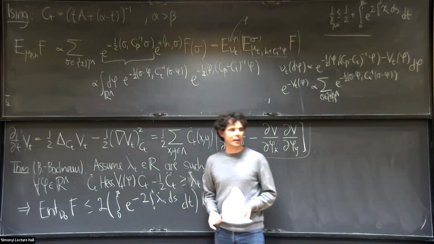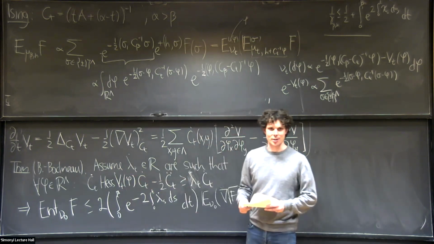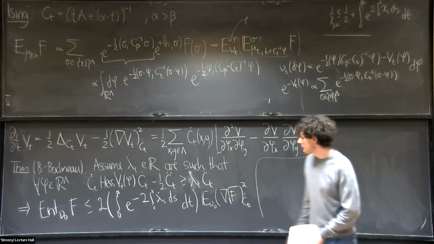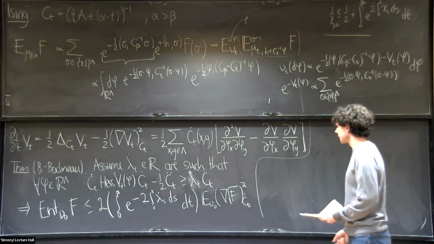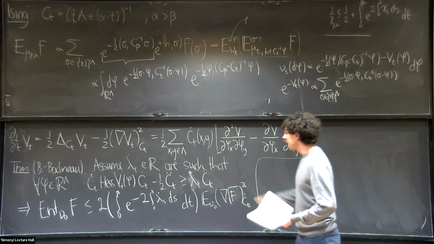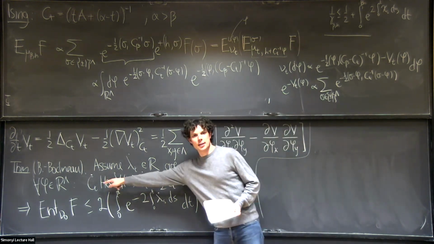Basically running the Bakry-Émery method, but we use the Polchinski equation to generate a good decomposition of the entropy. But anyway, at this point, it's reduced essentially to checking this condition.